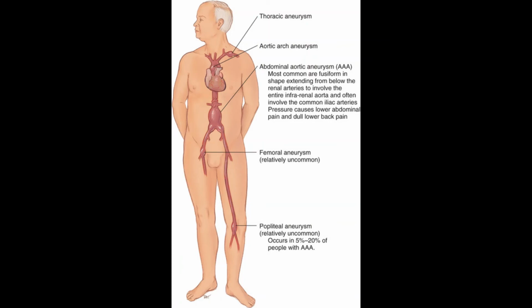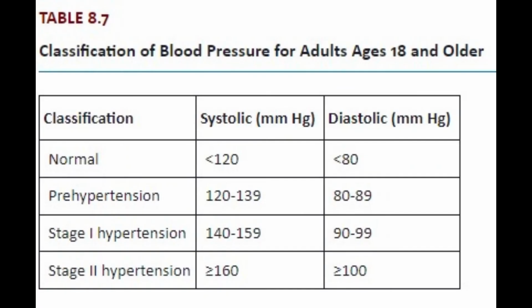All right, hypertension or high blood pressure is a disorder of intermittent or sustained elevated blood pressure. Hypertension is the most prevalent cardiovascular disorder in the United States, with an estimated 65 million people having it. 50% of people are older than 65 years of age. Normal pressure reading is approximately 120 over 80.